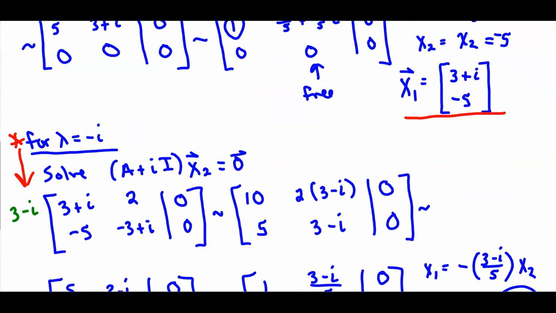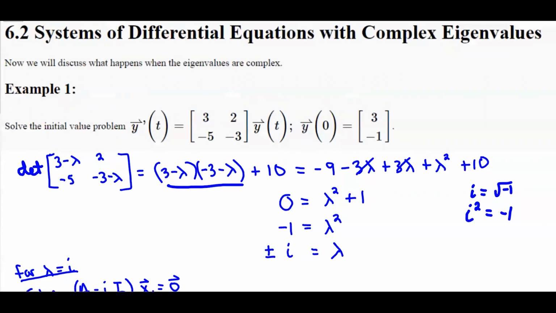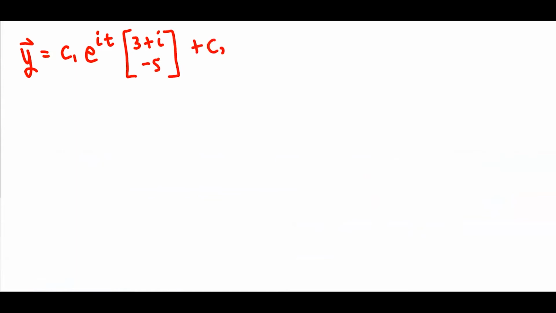So now we've got to write our solution. Let's write the solution the way we would normally write it. Say y is C1 e to the it times the vector 3 plus i, negative 5, and then C2 e to the negative it times the vector 3 minus i, negative 5.